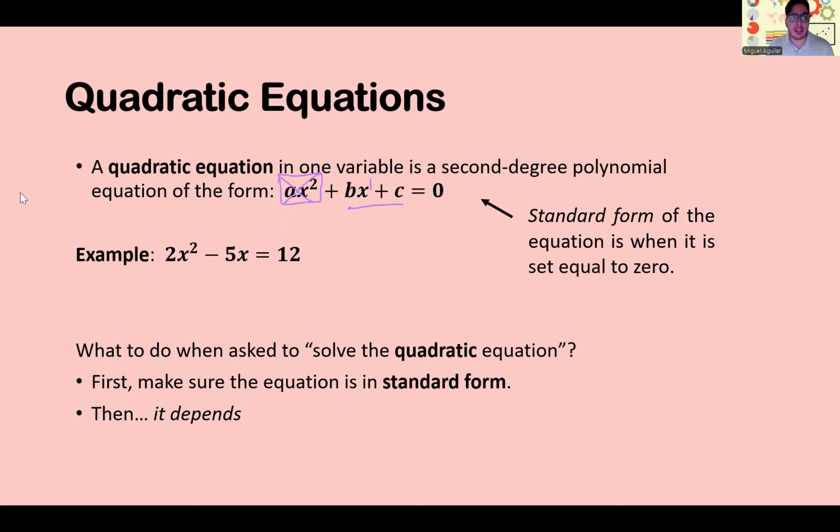Okay, now setting that aside, what do we need to do when we find that we're dealing with a quadratic equation? Okay, so the first thing that we might have to do is ask ourselves, is this in standard form? Okay, and then it really depends on the type of quadratic equation that you're dealing with.